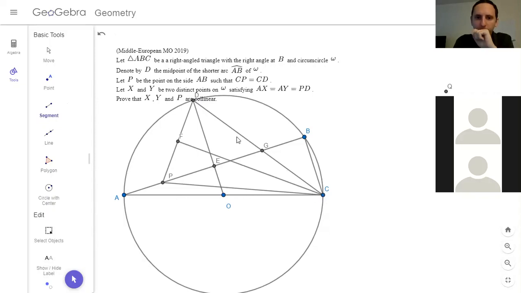So DPC, so AD over DP is sine X over sine Y. Wait, BCG. Okay, so this is X, this is Y. So this is also Y.